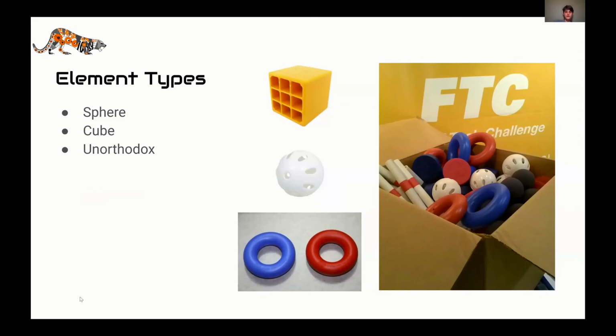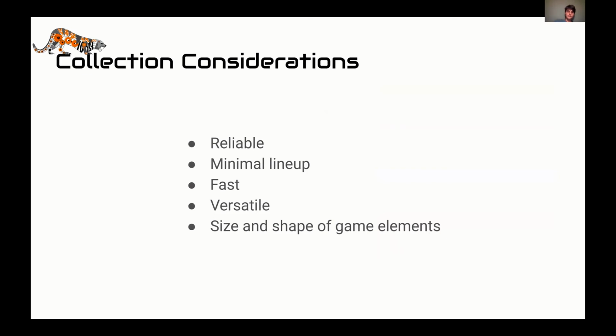There's a few different kinds of game elements that FIRST likes to use. In this upcoming game, we're going to be using these spheres and cubes, which were also used a few years ago in the Robotics game. But there are also other things, like rings that were used last year, or donuts, or the blocks from Skystone, or really whatever FIRST wants to use.